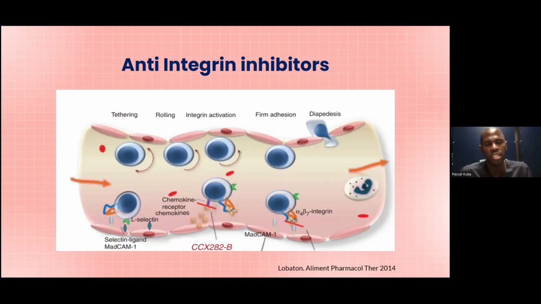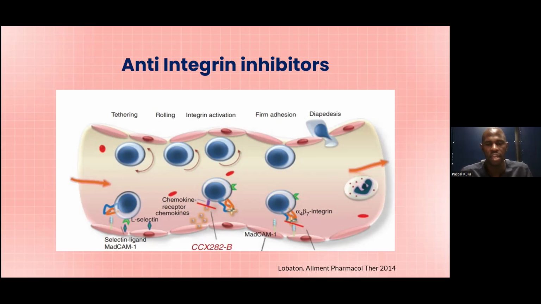So as we know about the immune mediation in IBD, one of the key issues is attraction of leukocytes to the intestinal mucosa. So leukocytes, by attraction, undergo different stages in terms of tethering. That's what's happening in the vascular space. So they tether, they roll, and then they have ligands called integrins, which are activated.